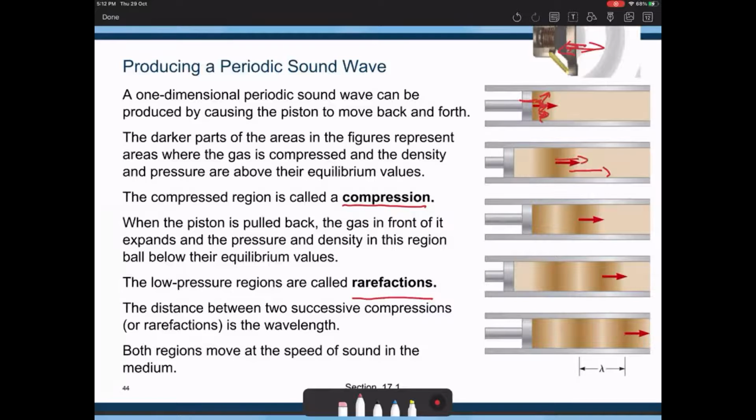When the loudspeaker moves back, it would suddenly generate a low density of air particles, and this is the region of rarefaction. Basically, the trend of the sound waves is the trend of such compression and rarefaction. So this is the general nature of the periodic sound wave.